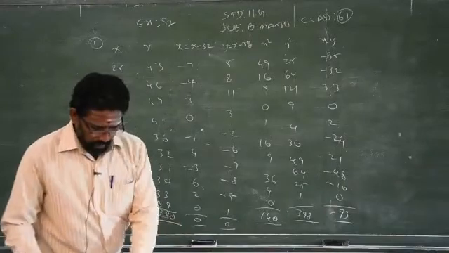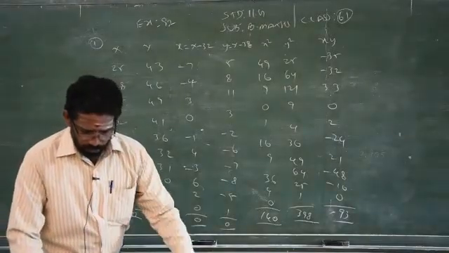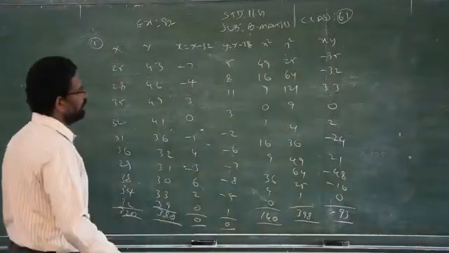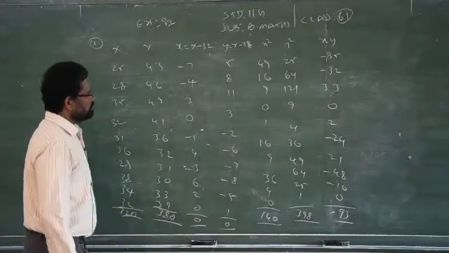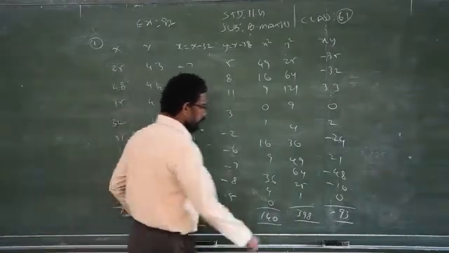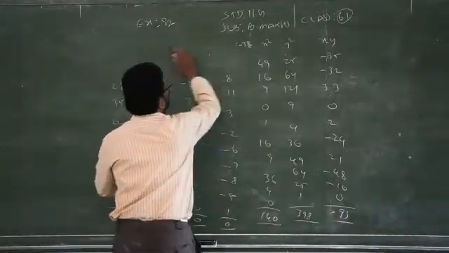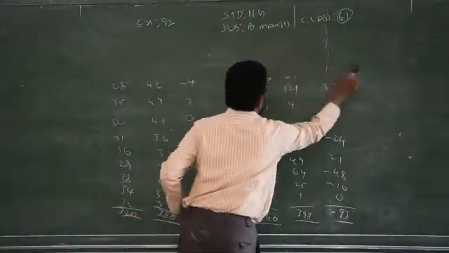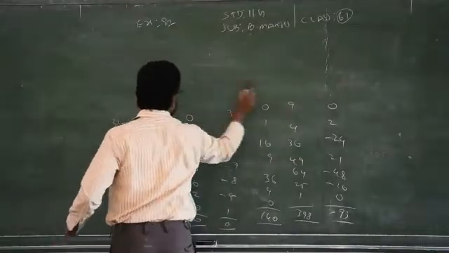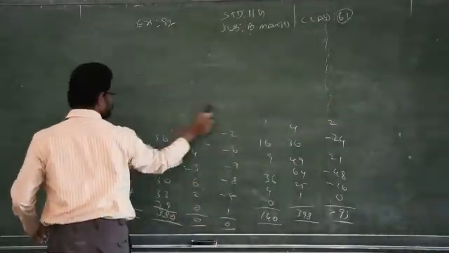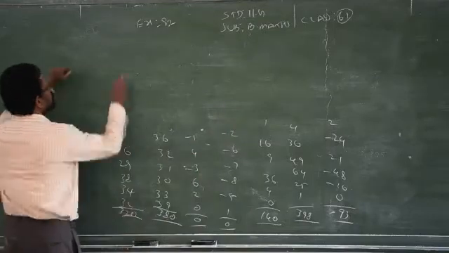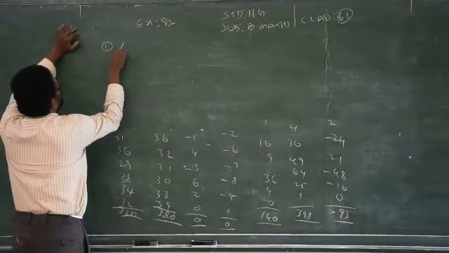But the question is, you are asked to find two regression equations. Clear? So for the two regression equations, you have to write down regression of x on y and regression of y on x. For the first sum, please see the formula for x on y.